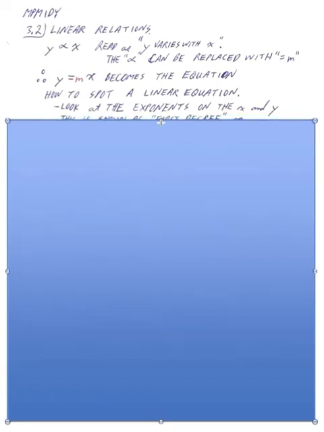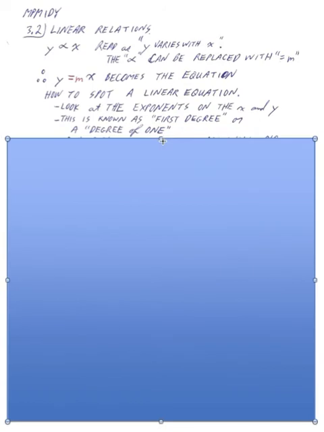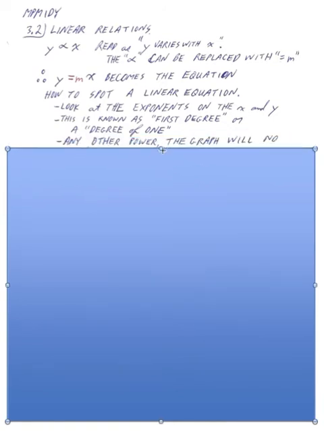Powers of 1 means that the equation will be known as a first degree equation, or a degree of 1, because the power is 1. Any other degree, any other power, the graph will no longer be a linear graph.